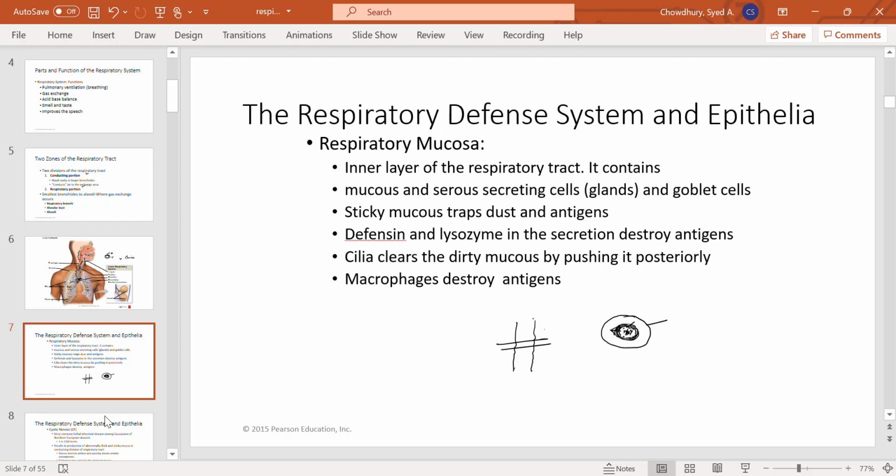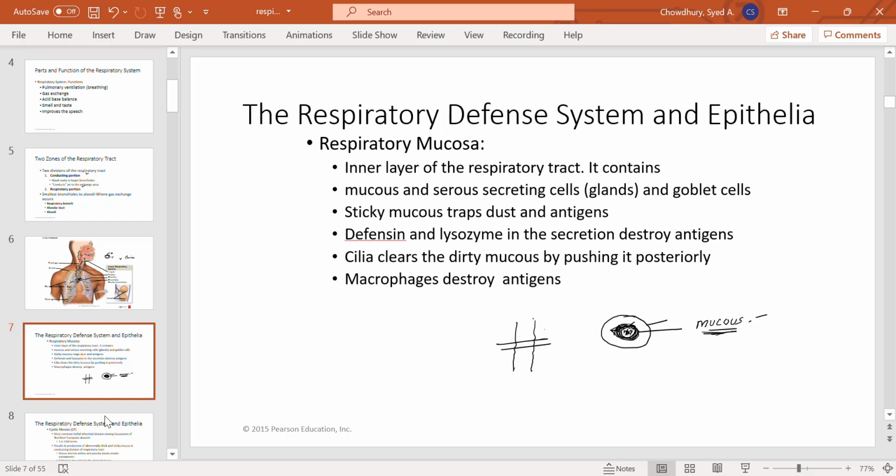Okay, so the mucus secretion is sticky and thick, slippery secretion, you know that, and that makes a thin layer in the mucosa, so that layer traps the microorganisms or dust or other antigens because it is sticky and thick, and that is one way the respiratory membrane protects your body.